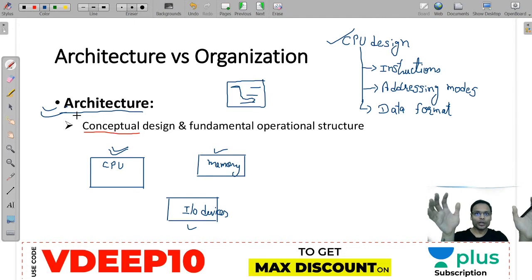Now see, you have just given the basic detail, that this is the concept of my new architecture. You have not implemented it.